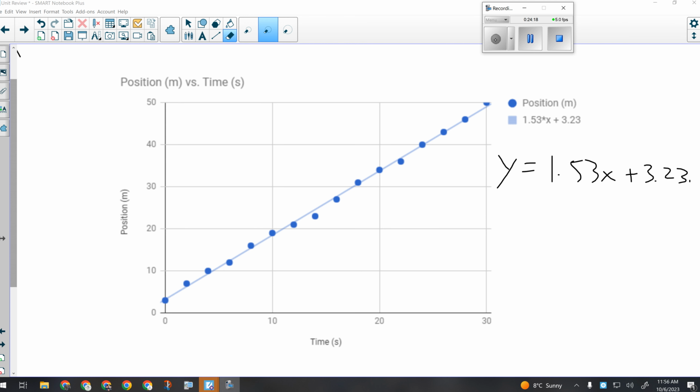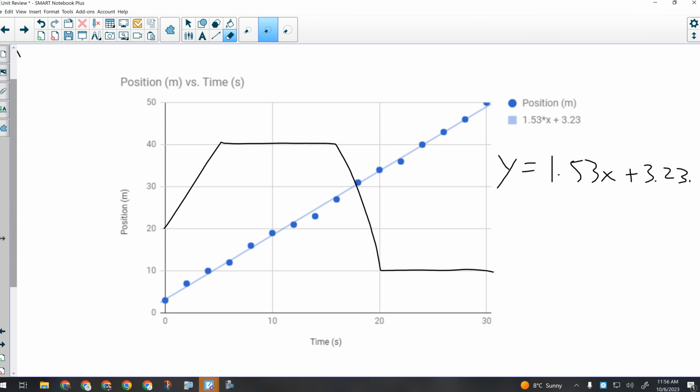Now, I could also give you an irregular graph. If you're given a graph like this and you have the equation, you're definitely using the equation. But if I was to give you a graph that looked like this instead, you wouldn't get an equation for that graph, because it doesn't have one. It does a bunch of different things, right?